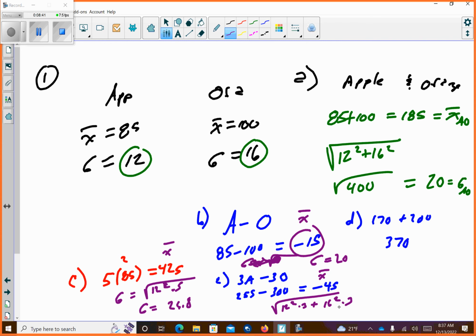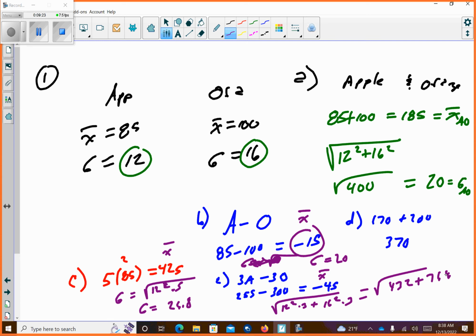Uh-oh, we're getting in some troubled ground here. 12 squared times 3 plus 16 squared times 3, close parentheses, and I'm off. 12 squared times 3, that's 432, plus 16 squared times 3, so that's 768.